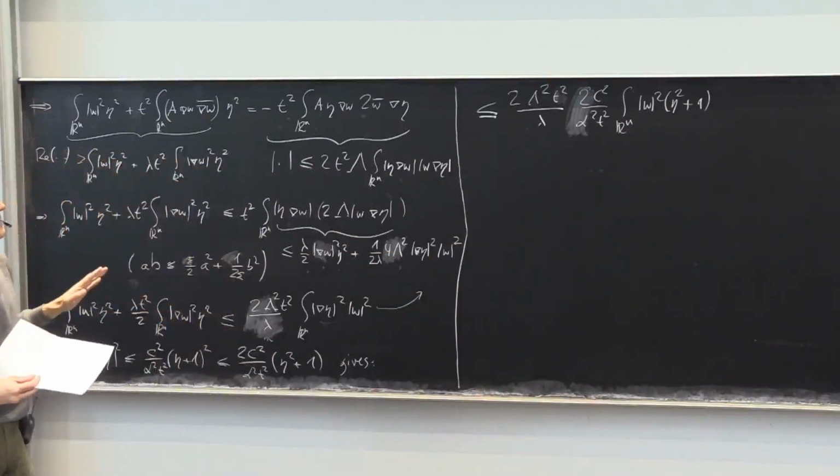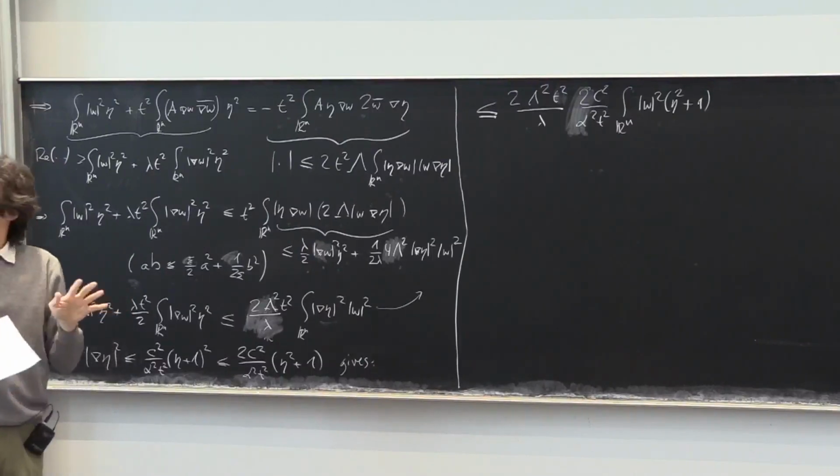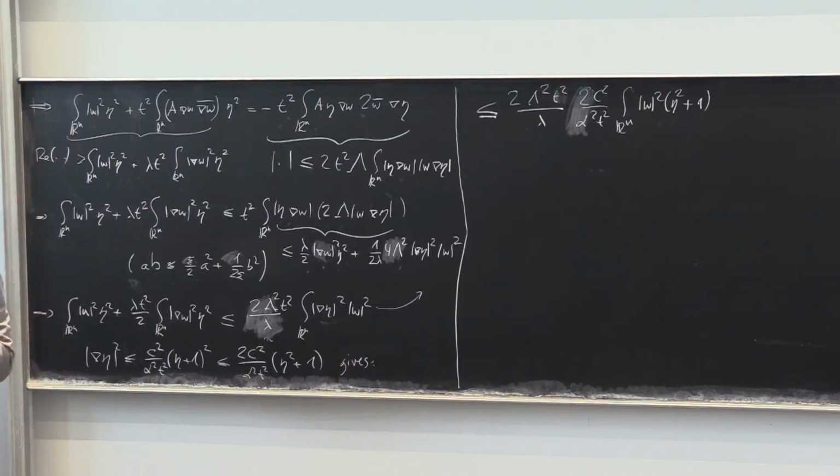Okay, and this is the point why we all the time bothered with this alpha. Now the alpha helps. We can choose alpha. Alpha is just a positive number. Up to now we have no restriction on alpha. It must be strictly positive, but nothing else. And now just choose the right alpha to make this awful coefficient 1/2.